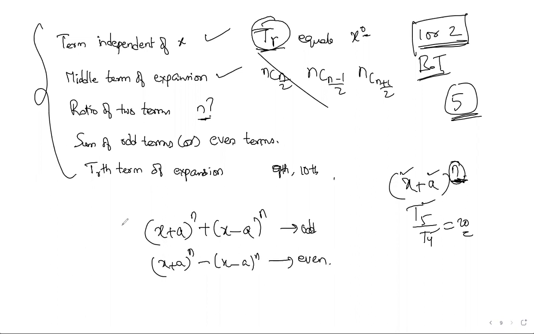And if they're asking the rth term of the expansion, it's fairly straightforward: tr equal to nCr x power n minus r a power r. So this is a basic formula. These are also some of the models that have been asked as previous BITSAT questions. So if you know binomial theorem, it's fairly easy and you can get somewhere around 4 to 5 marks easily in BITSAT.